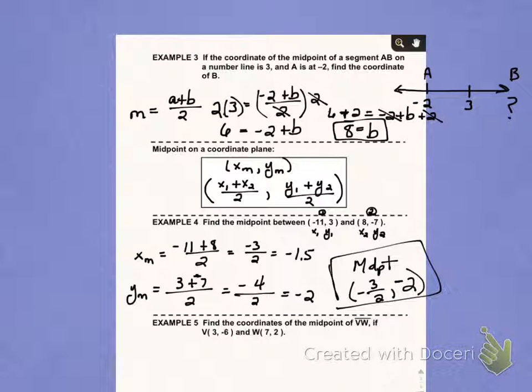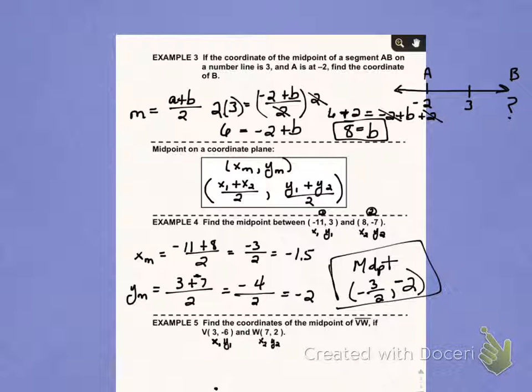Okay, same thing for this next one. They want the coordinates of the midpoint, and so we pick which is x1 and which is y1, and which is x2 and y2.